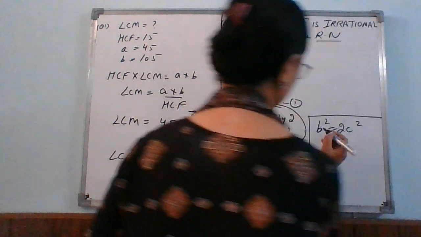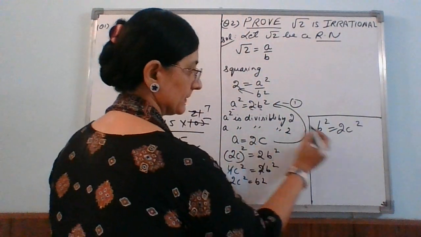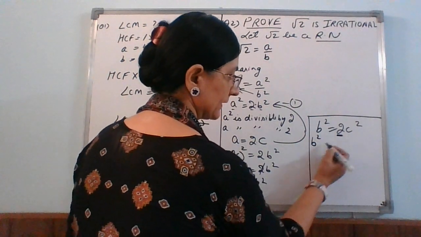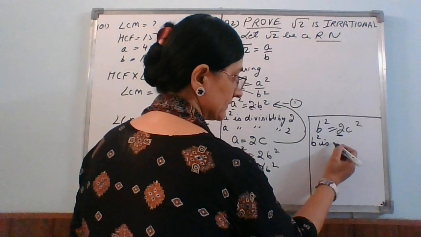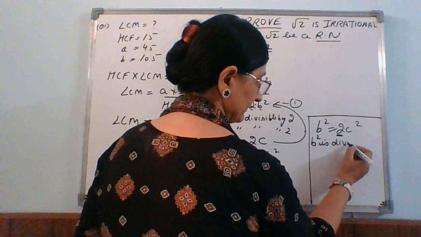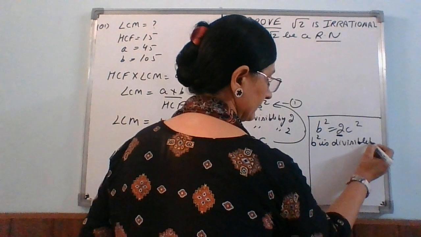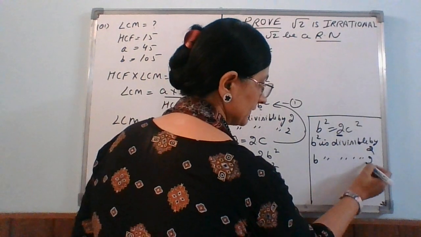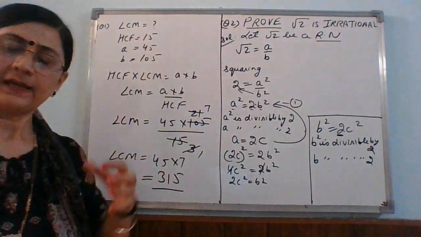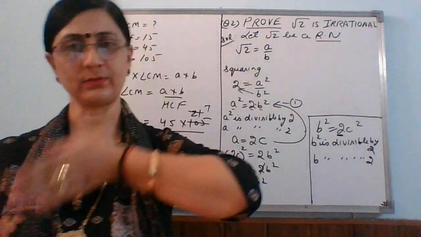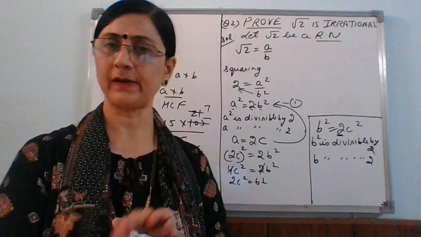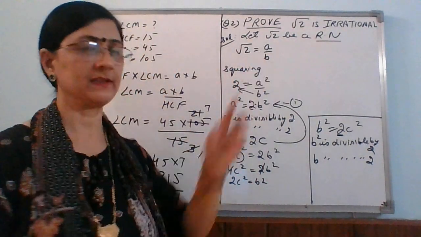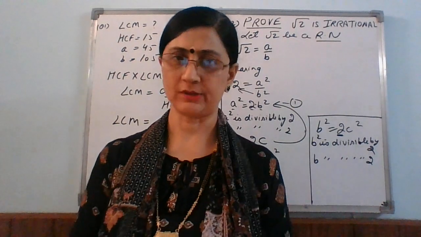So it means b square, जैसे मैंने यहाँ लिखा था, is divisible by 2. So it shows that यहाँ 2 आ गया, तो b square is divisible by 2. So b will also be divisible by 2. Now a is also divisible by 2, b is also divisible by 2. So there is a common factor 2. तो ये fraction जो है, अगर इसमें कुछ common factor है, तो ये rational number तो नहीं होता.